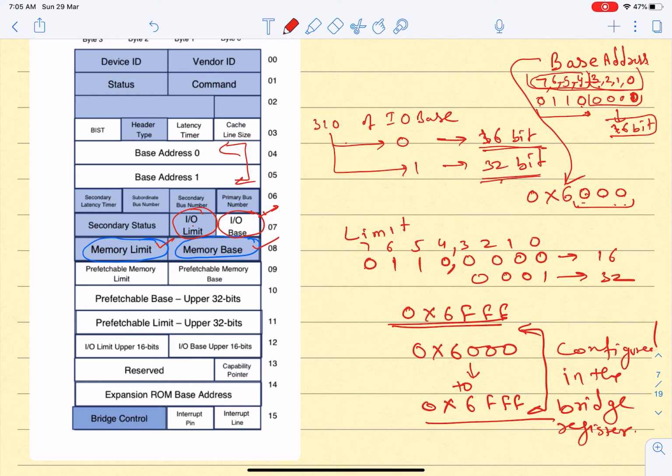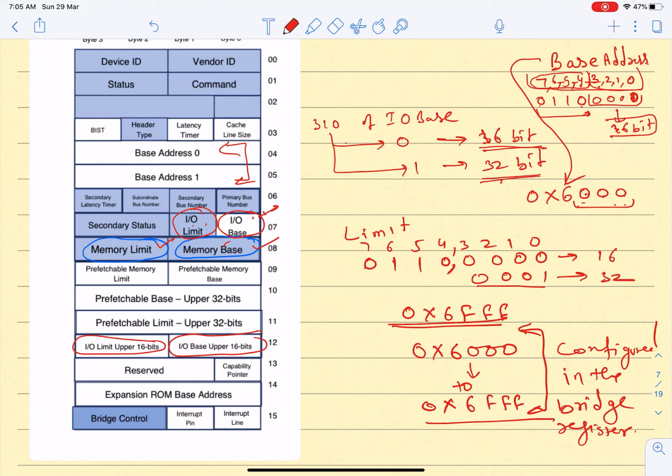If it is 32 bit, then 3 down to 0 will have value 1. So what will happen? The process will be the same for IO base and IO limit, and we have 16-bit upper. So we will have to configure the 16-bit upper base and 16-bit upper limit.